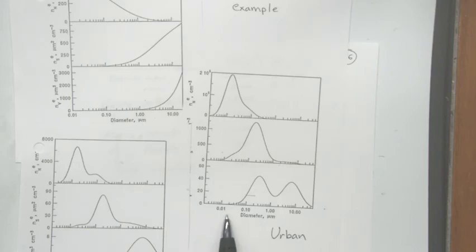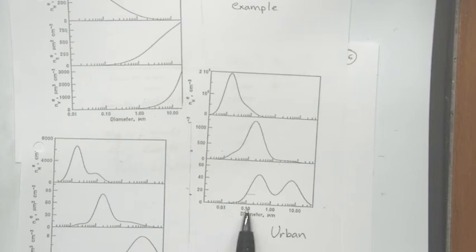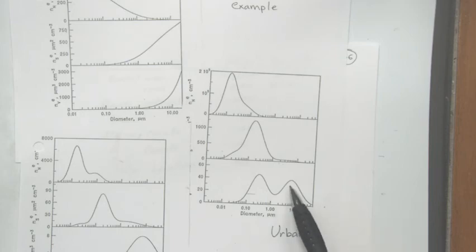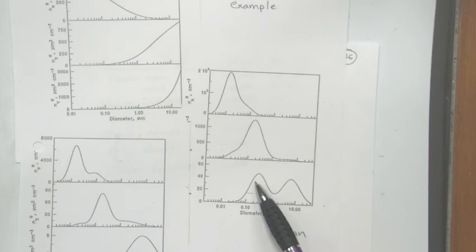Sizes running from 3, 4, 5, 6, 7, 8, 9. Yeah, probably 3 to 10, 10 to 100 nanometers, 1 micron, 10 microns. So here's our coarse mode. There's our accumulation mode. And the nuclei mode is so small it doesn't show up in the particle volume.